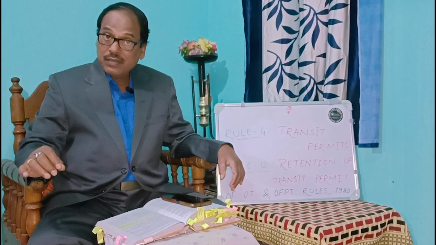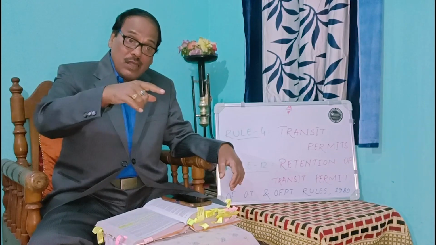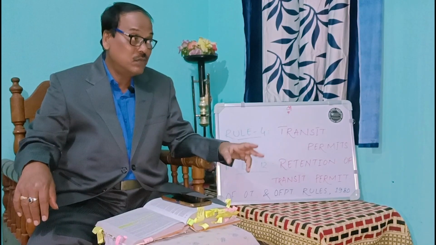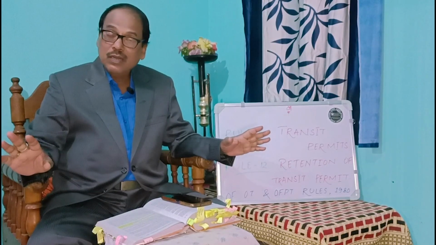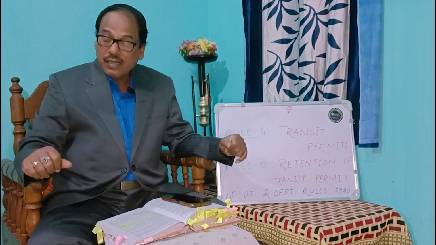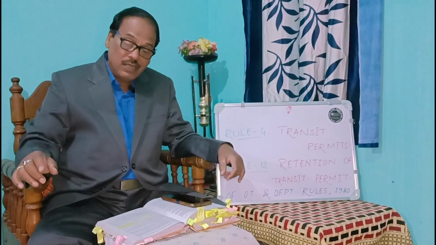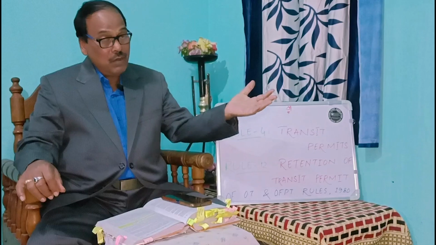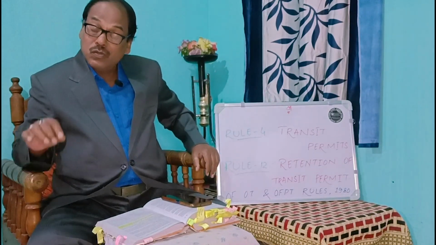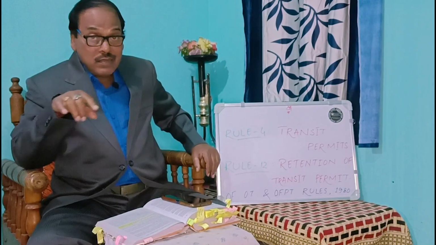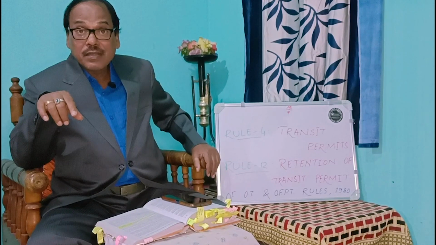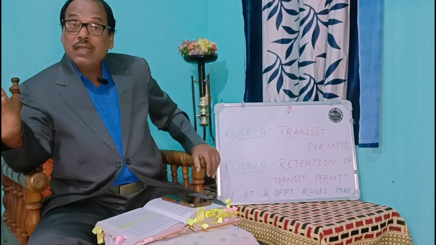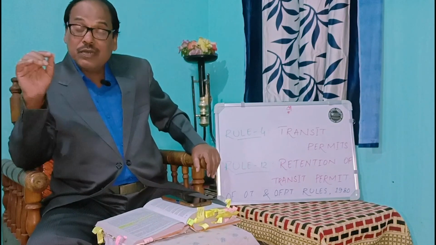That means within the jurisdiction of that particular private depot, as per instruction, there is no need of any transit permit. That's why, if a person residing within that jurisdiction has purchased some timber from that private depot, he should keep the receipt of the timber depot with him till utilization of that forest produce.